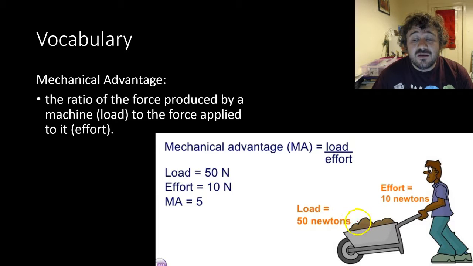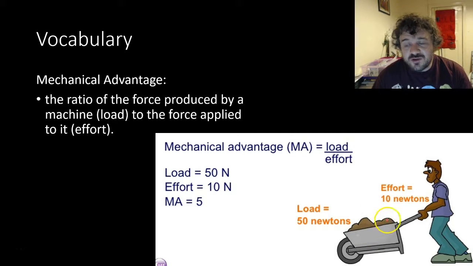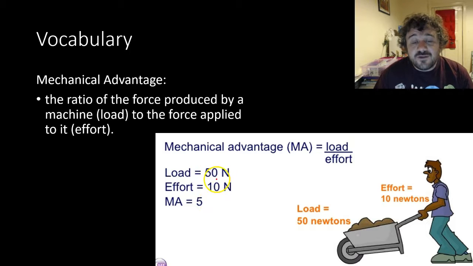Okay, so here we're required to lift 50 newtons to lift this stuff in his wheelbarrow, dirt by the looks of it, which means it's only going to take 10 newtons to lift that up, because of the distance of the machine and the fulcrum and everything else that we'll cover in another video about levers. Again, another lever, but as it's 50 newtons divided by 10 newtons, the mechanical advantage is 5.